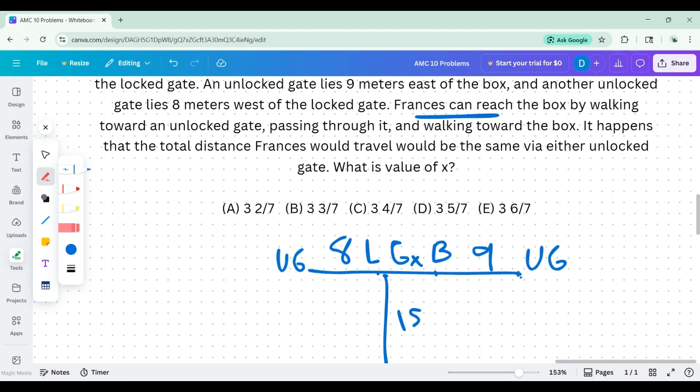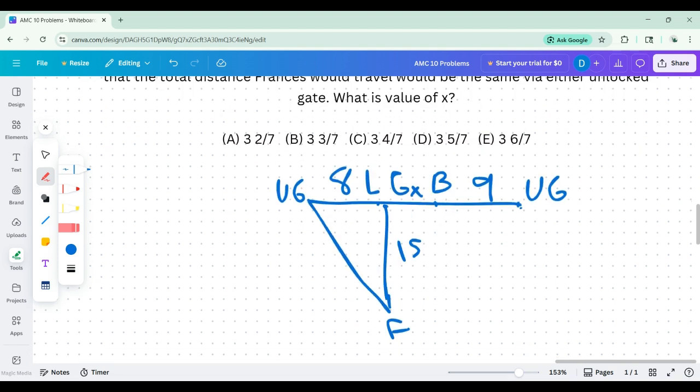Francis can reach the box by walking toward an unlocked gate. So this is the route that Francis can take, and then Francis can walk all the way from the unlocked gate to the locked gate to the box. And if he wanted to go this side, this route, he can go from the unlocked gate directly to the box.